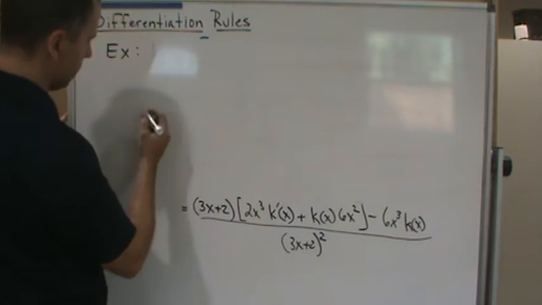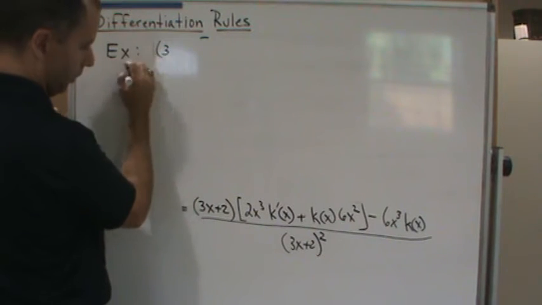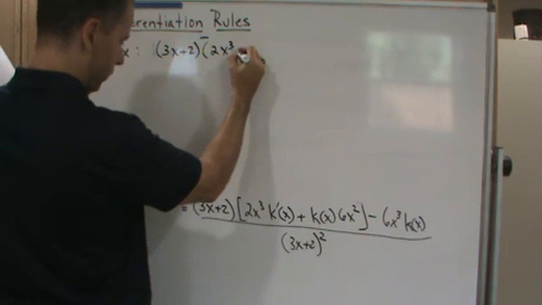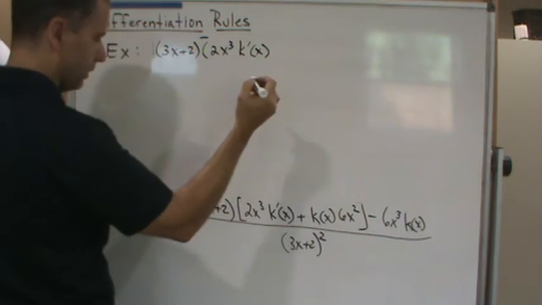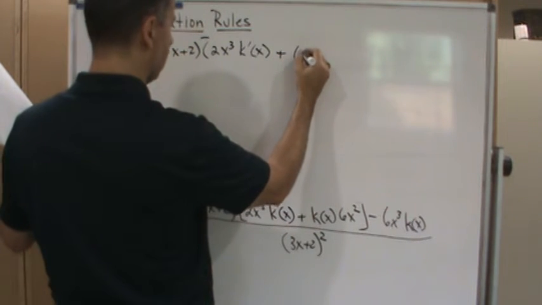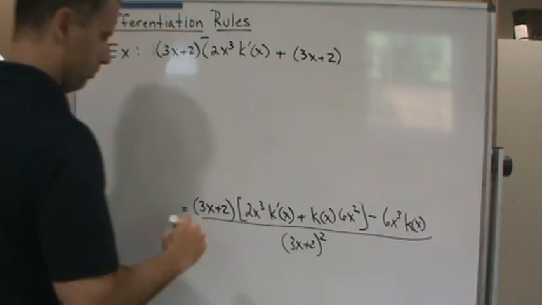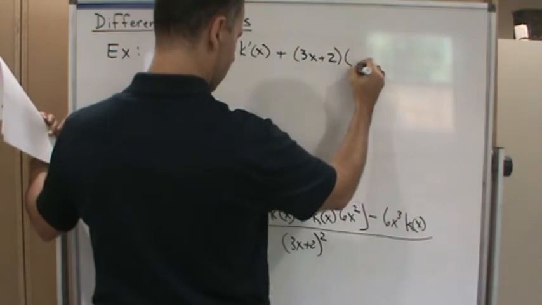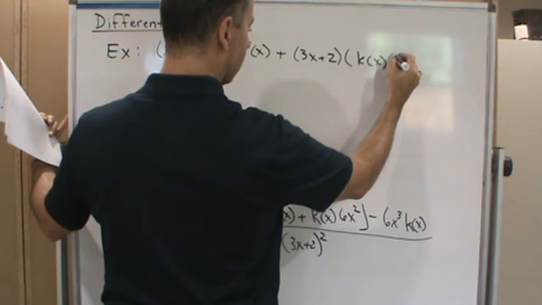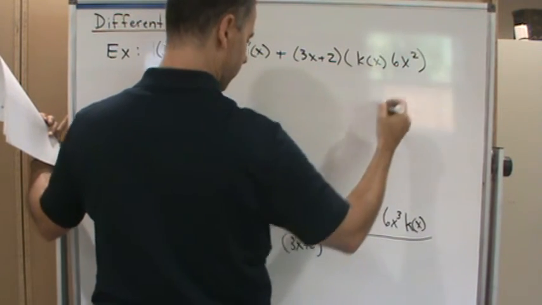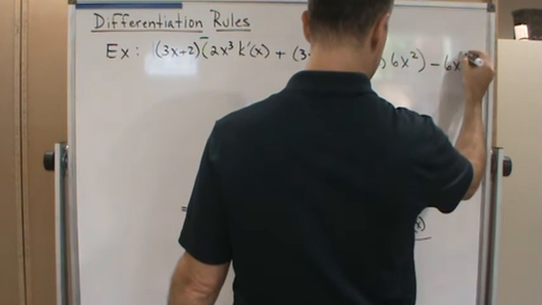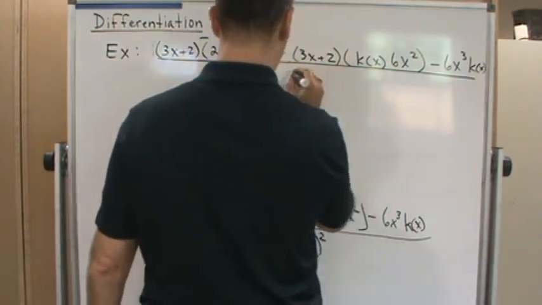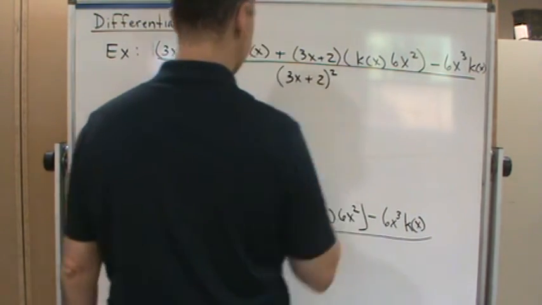Okay, so I'm going to expand the numerator, so I get 3x plus 2 times 2x cubed times k prime of x plus 3x plus 2 times k of x times 6x squared, and then minus 6x cubed k of x, and this is all over 3x plus 2 quantity squared.